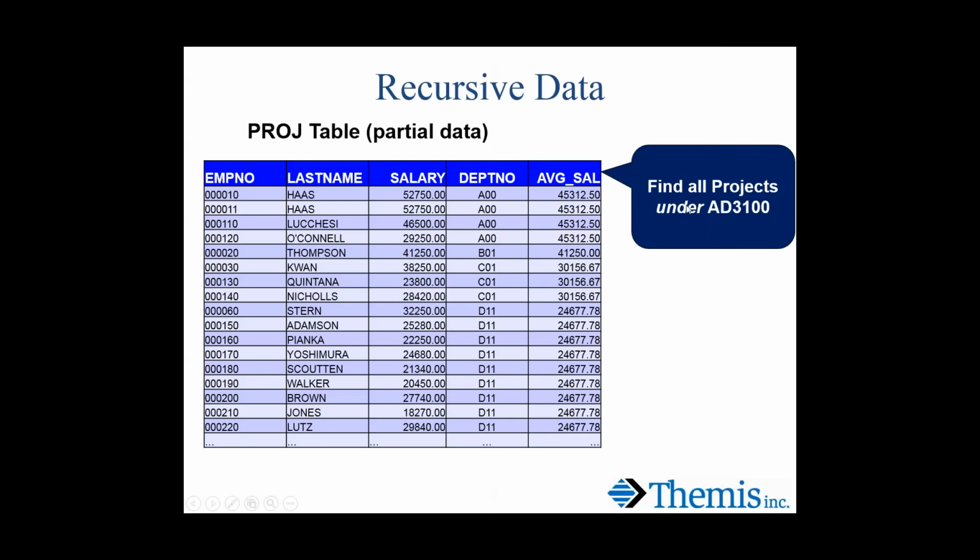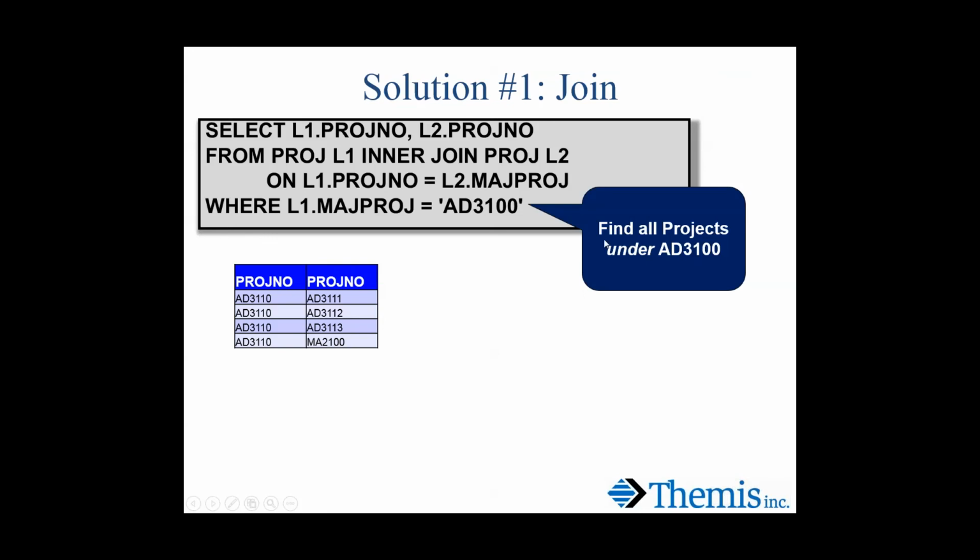And the question off to the right, which is pointing at the wrong data, but the right question, is: let's say I want to find all projects that are under project AD3100. So not just the ones that directly report to it, but all the ones that are under it and all the ones that are under that. That is a recursive question. We've built a hierarchy into our data, and we're asking a recursive question of that data.